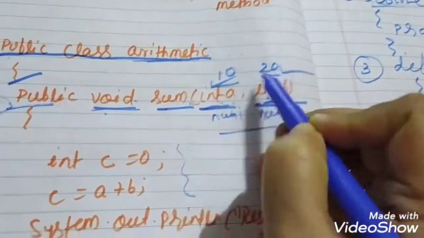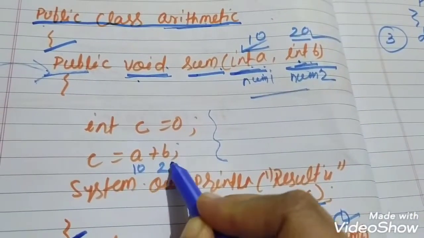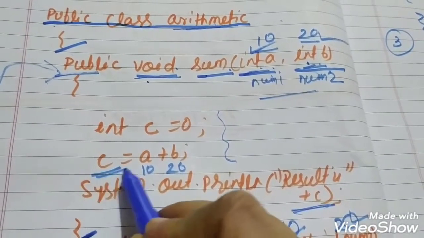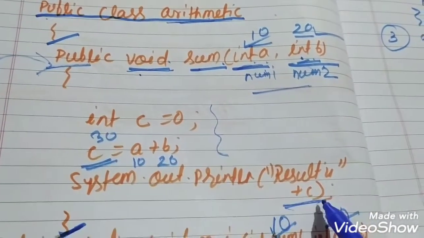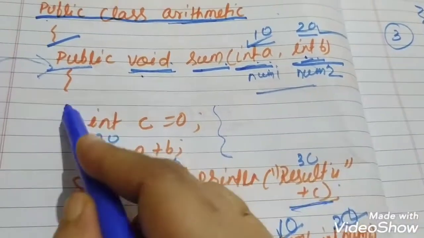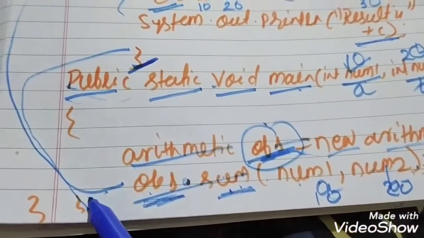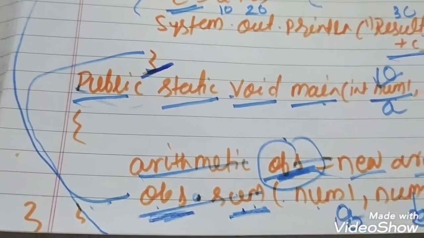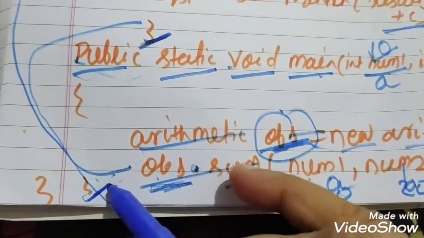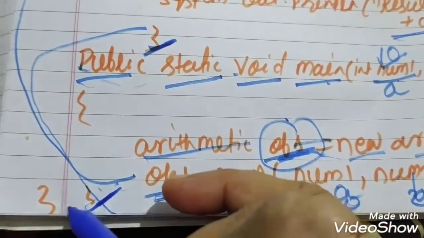These are added and 30 is stored here, and the result 30 is displayed. The procedure is complete. Then the control comes back to here and ends here. Okay, and the method is complete.